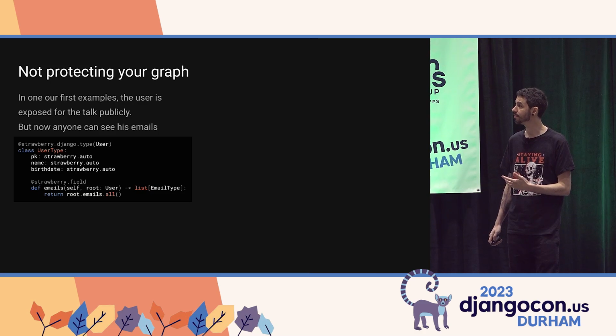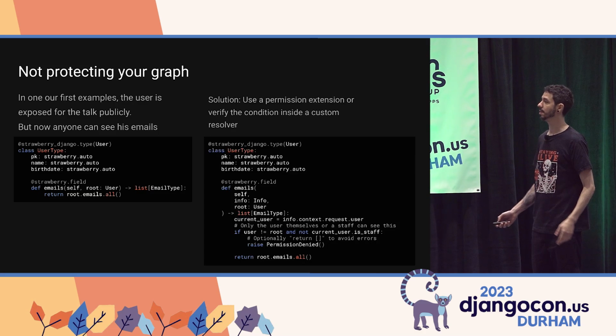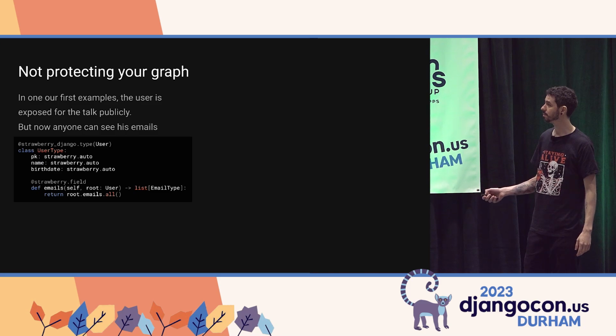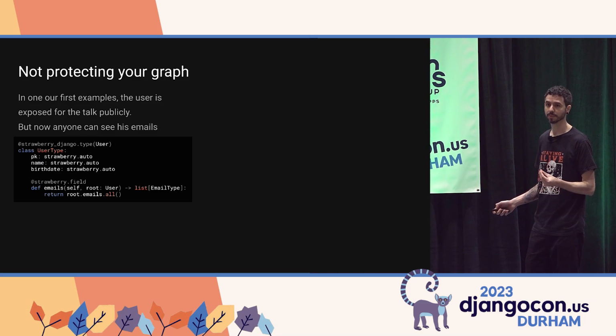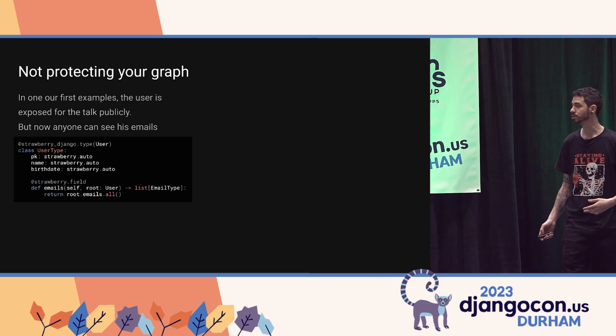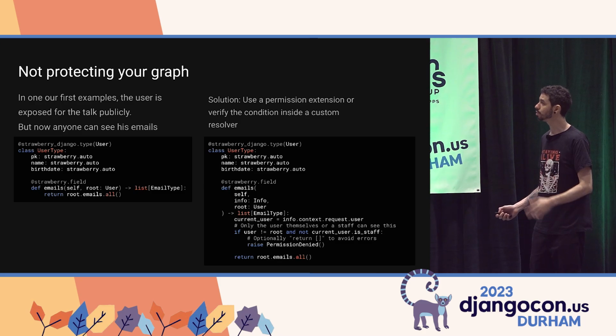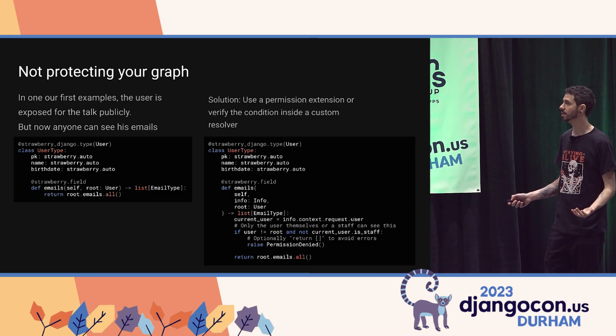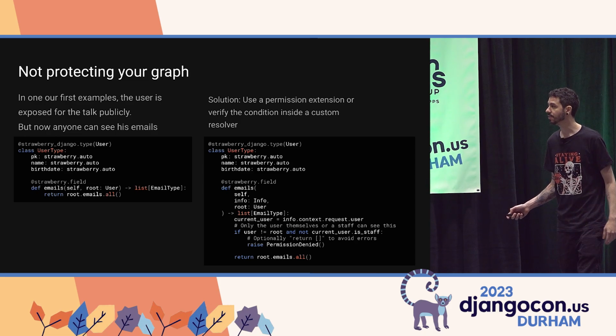The first one is not protecting your graph, which is basically, in this example, if the user is publicly exposed and I don't pay attention to this, everyone can see the emails, as long as they know that the emails field is there to be queried. A solution to this would be to either use the permission extension that I mentioned before, or you can define your own resolver.